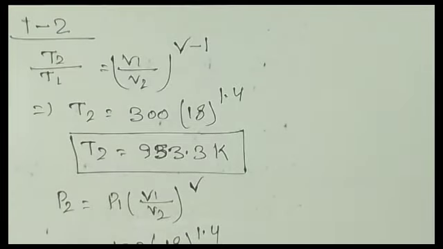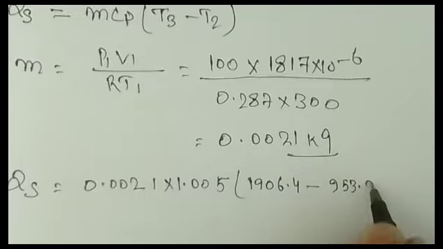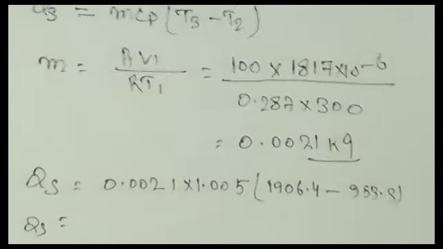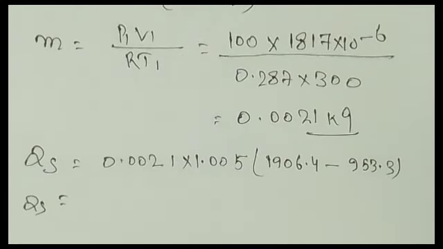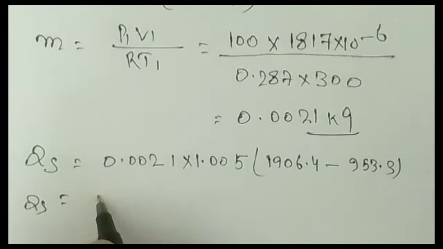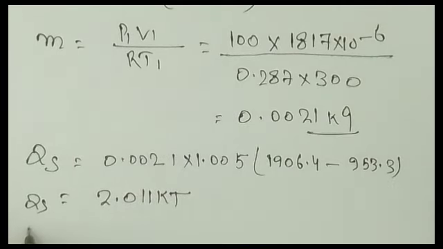T2 we calculated 953.3, right? So we got the heat supplied. Let me calculate this. 0.0021 into 1.005 and 1906.4 minus 953.3. So we got heat supplied as 2.011 kilojoule, right?